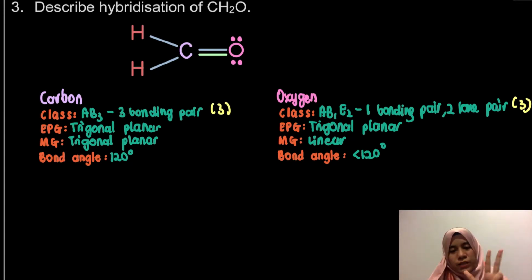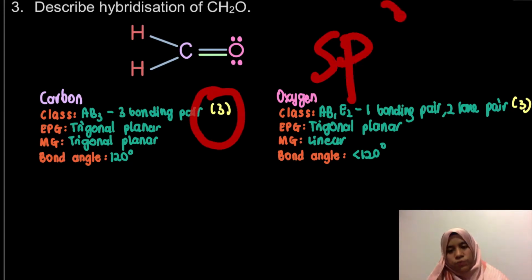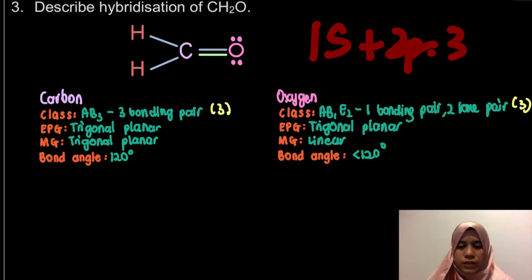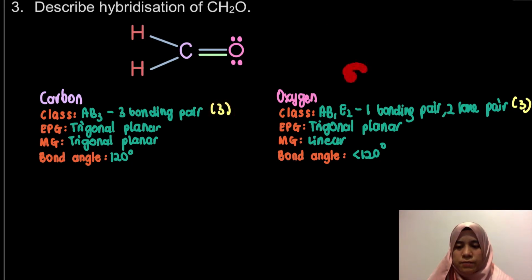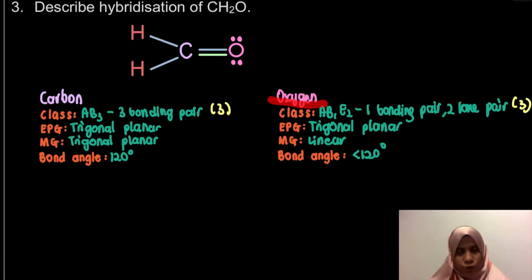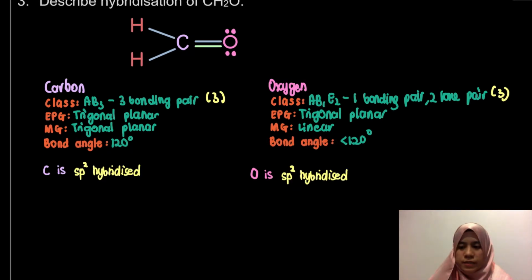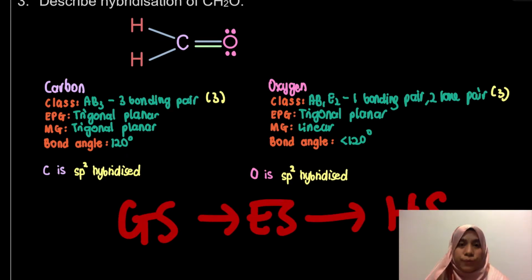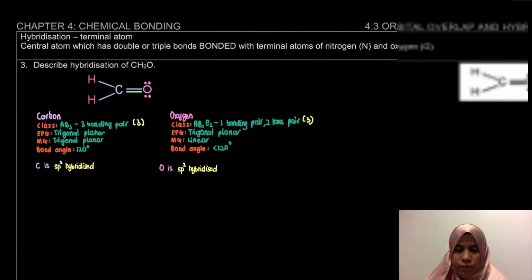So the total is 3, which is sp2: 1s plus 2p gives 3. So carbon is sp2, and oxygen is also sp2 hybridized. So we know the hybridization. Next step, what should we do? We have to write down the ground state, excited state and hybridized state. But before that, remember we copy and paste from the previous one.